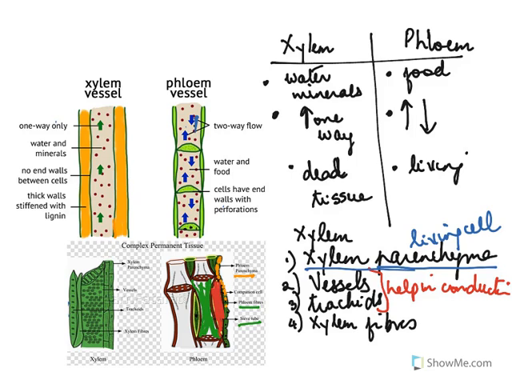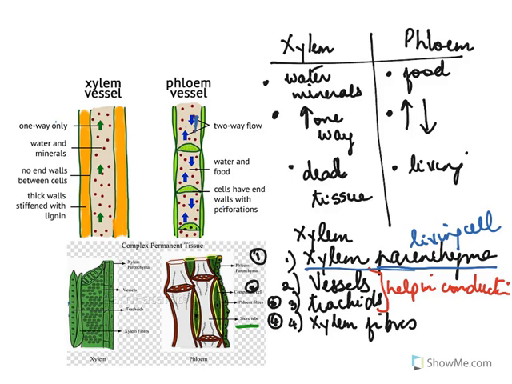Phloem is made up of four things: number one, the phloem parenchyma; number two, the companion cells; number three, the phloem fibers; number four, the sieve tubes. The ones that help in carrying the food are the sieve tubes.